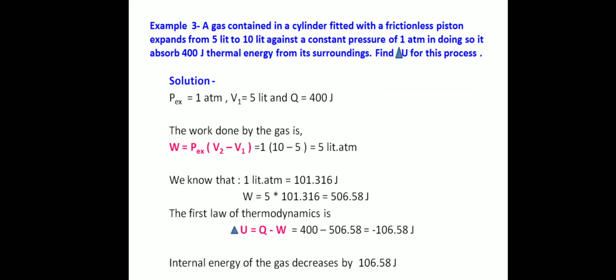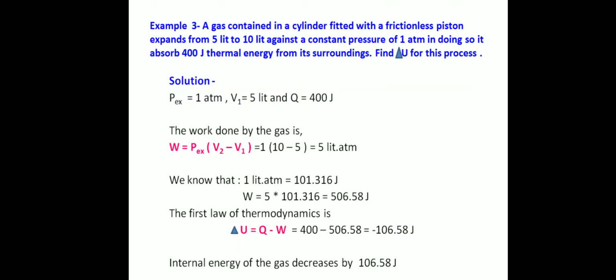What is given? The volume is given, that is V1 5 liter, V2 10 liter, pressure is given, that is 1 atmosphere, and capital Q or heat is given, that is 400 joules. So these are the given data.